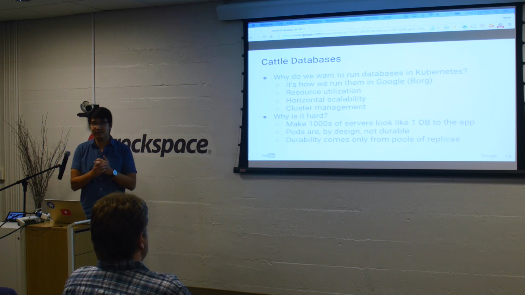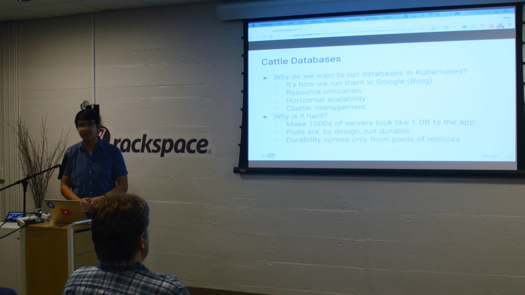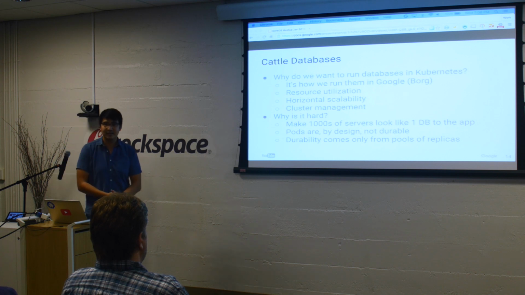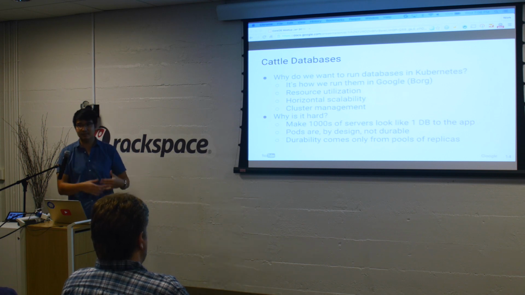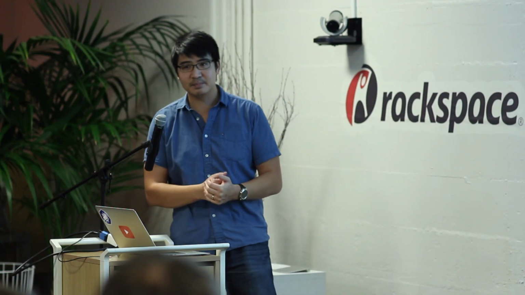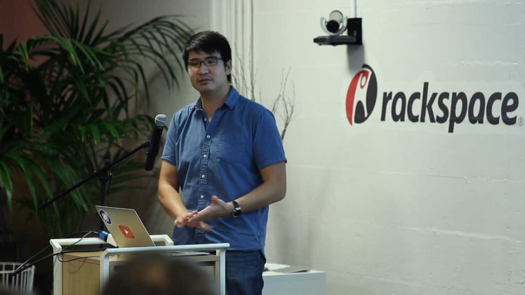One thing is when you decide to scale your database horizontally, you now have thousands of endpoints perhaps, and you need to make that look like one logical database to your app. That's where things like Vitess routing layer comes in. I'm not going to be talking too much about that, but that's one of the issues that you have to address. And of course, this main issue of the fact that pods, which are the scheduling unit of Kubernetes, are by design not durable.